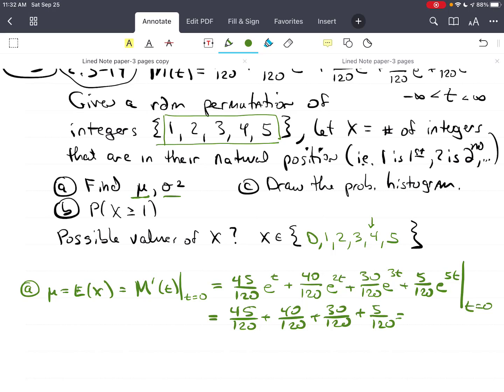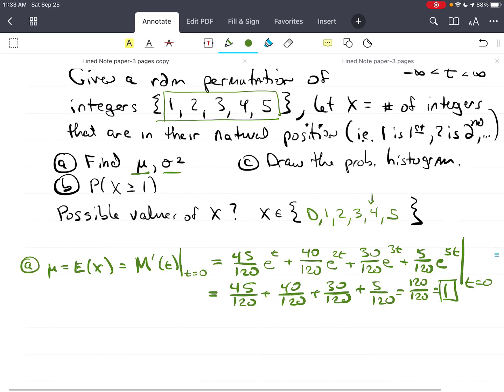And this equals 120 over 120, which is equal to 1. Okay? So the expected number of integers that are in their correct position is 1 in the natural order.